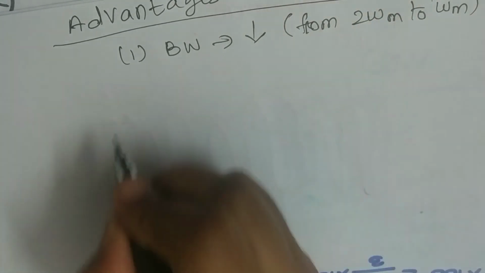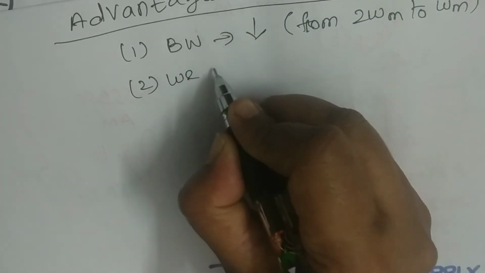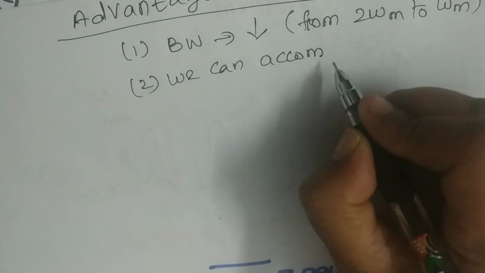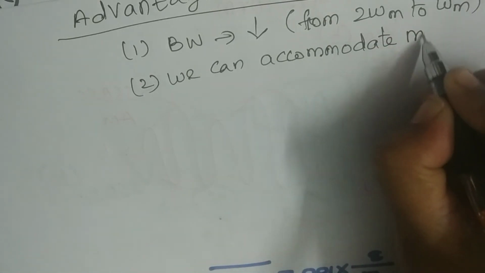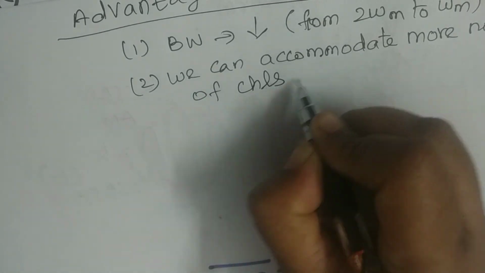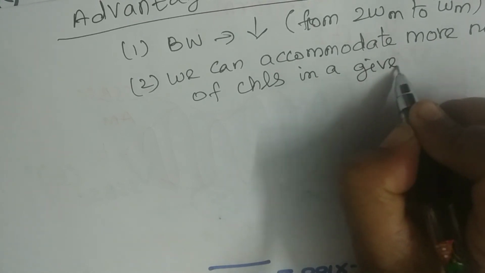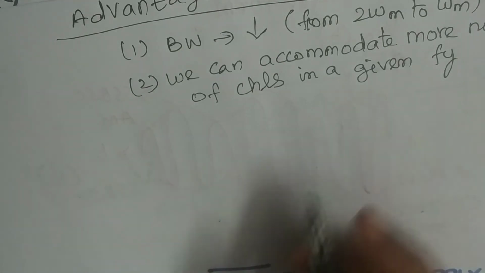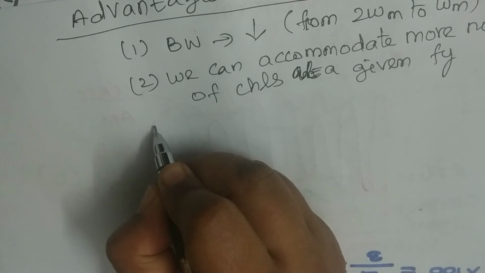So bandwidth is reduced, and we can accommodate more number of channels at a given frequency.